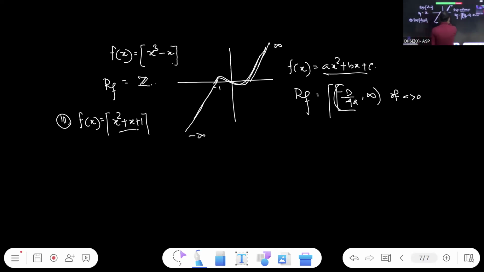Let us consider g of x is equal to x square plus x plus 1. So its range will be minus D by 4a to infinity.